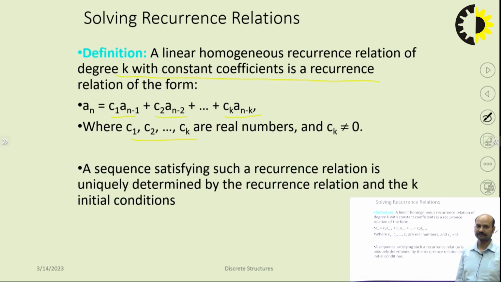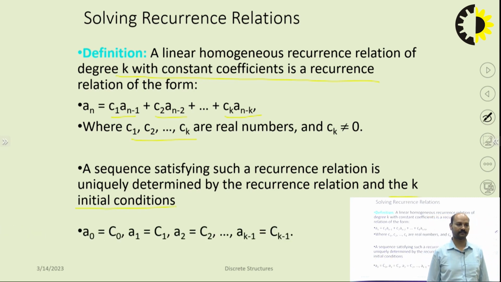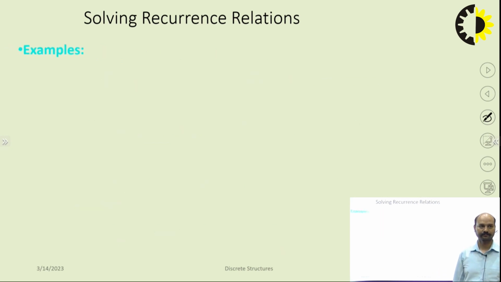A sequence satisfying such a relation is uniquely determined by the recurrence relation and the k initial conditions, given in the numericals: a0 is equal to c0, a1 is equal to c1, a2 is equal to c2, and ak minus 1 is equal to ck minus 1.